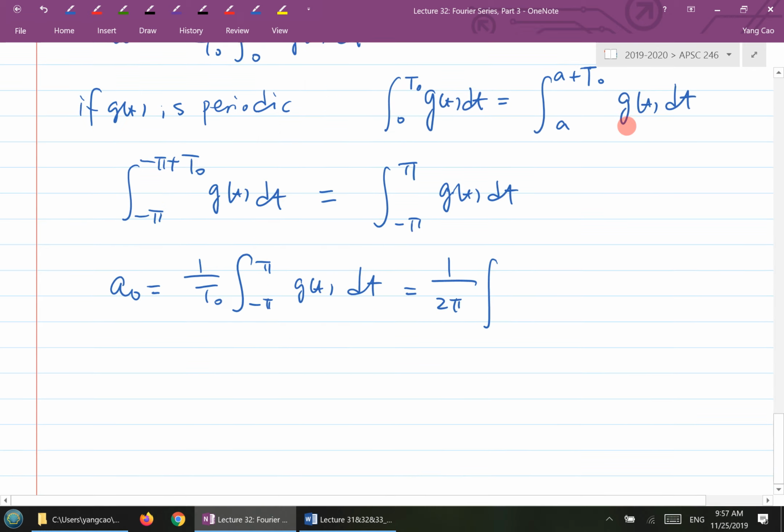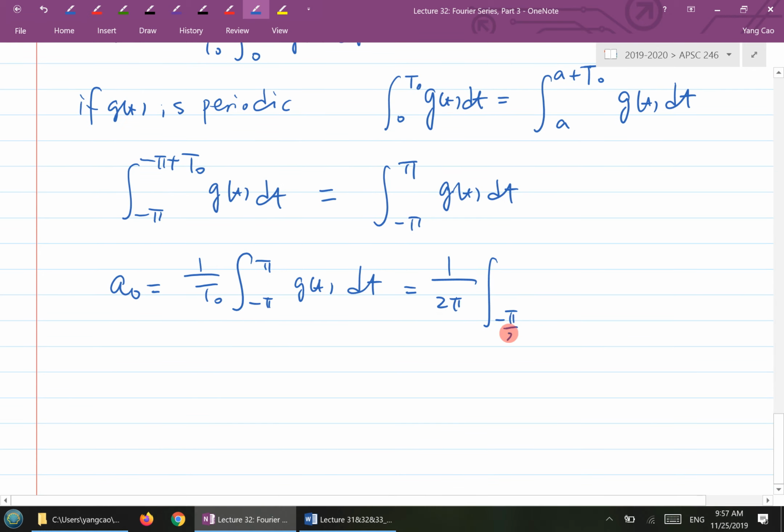So really you're integrating just from negative pi over 2 to pi over 2, and between this range the function g of t is 1. So the result of this is equal to 1/2.